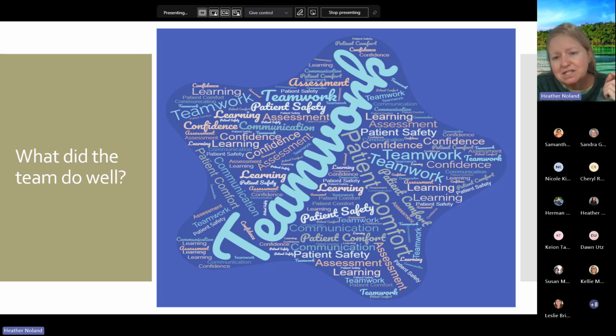And one of the questions that they're asked to answer is, what did the team do well? You can do things like, we saw charts previously, or you can do word clouds where you can put the feedback that they're giving into this visual thing. So, what's most important? What did they think that the team did well?